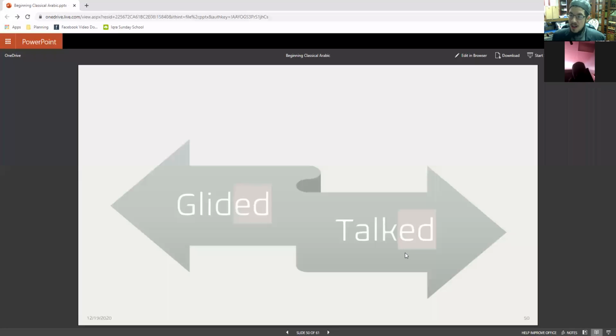We say talked, as if it were a T. This is a principle or a concept in phonology. How do we pronounce certain things in different contexts? Here, in English, the D and the K influence how the ED is pronounced. So that's the same concept that is going on here.